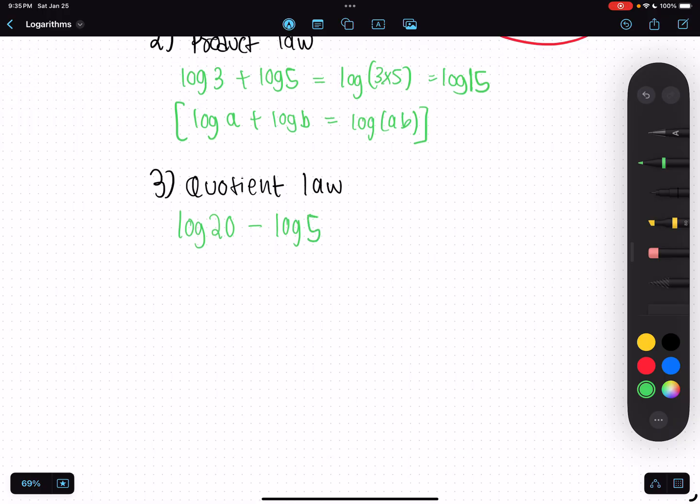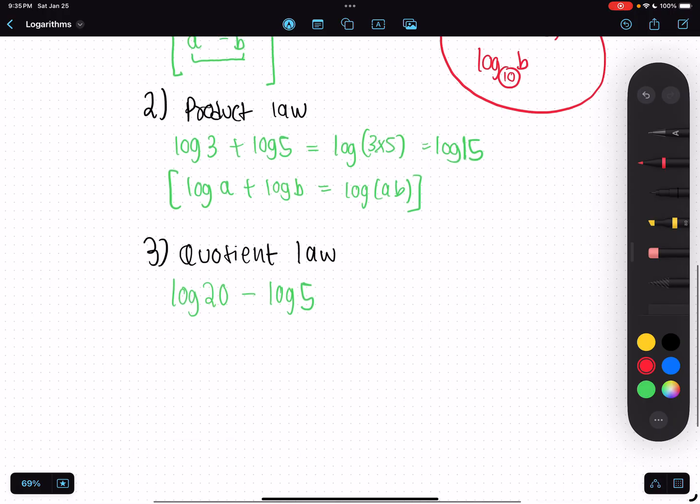These two laws, I should probably write that down. These two laws, which involve two separate logarithms, they need the logs to have the same base. That's key here.